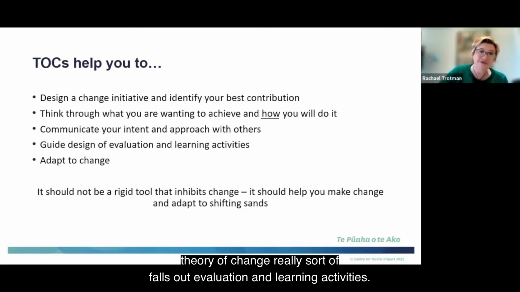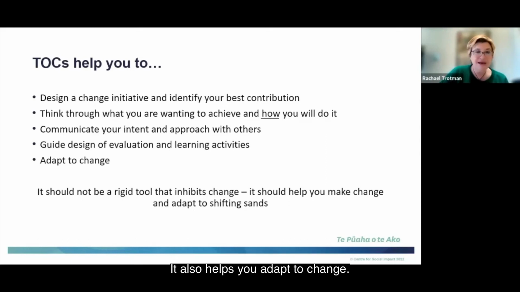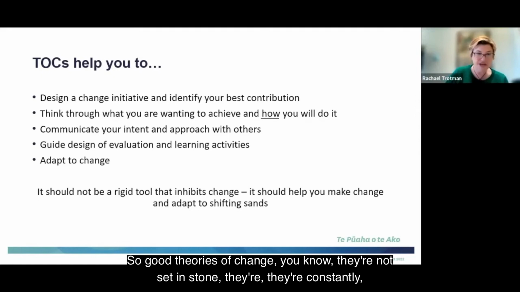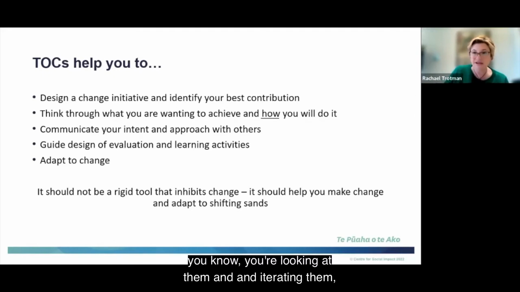And out of a good theory of change really falls out evaluation and learning activities. It also helps you adapt to change. So good theories of change, they're not set in stone. You're looking at them and iterating them as you learn more about what's effective in your world.